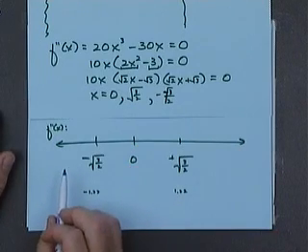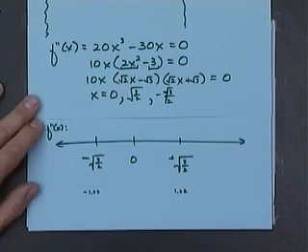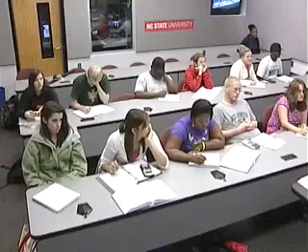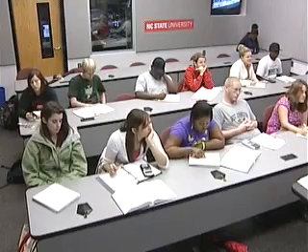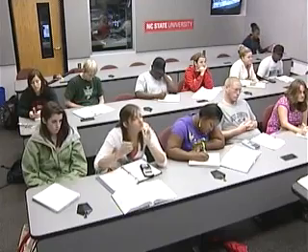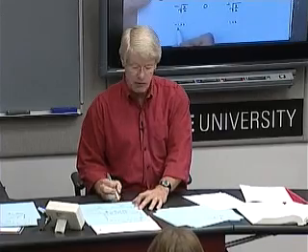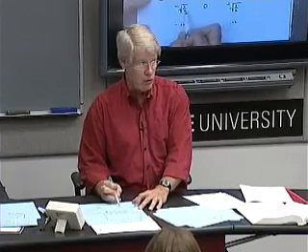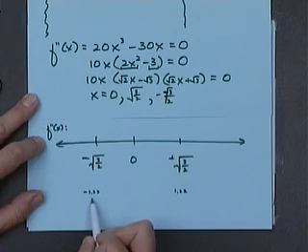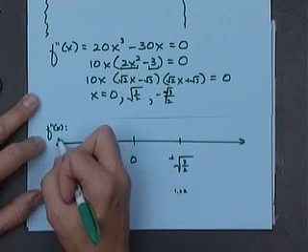So what do you think is the task from this point? Plug in and see if it's positive and negative. Okay, see where the second derivative is positive and negative. That'll determine concavity. So pick a value to the left of negative square root of 3 halves. So there's where we are. How about negative 2 or negative 3?